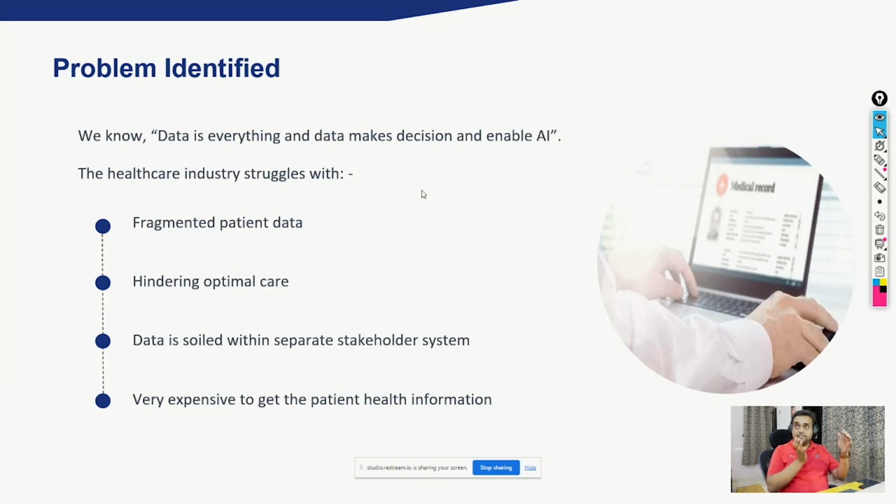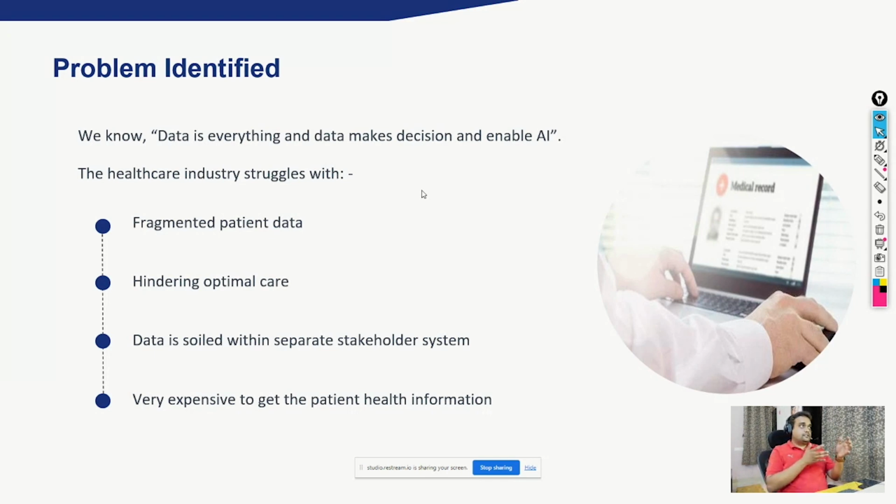If interoperability is there, then they can see it any time, right? And it is hindering optimal care. If data is fragmented, then obviously care will be a little less than how we want it, correct?